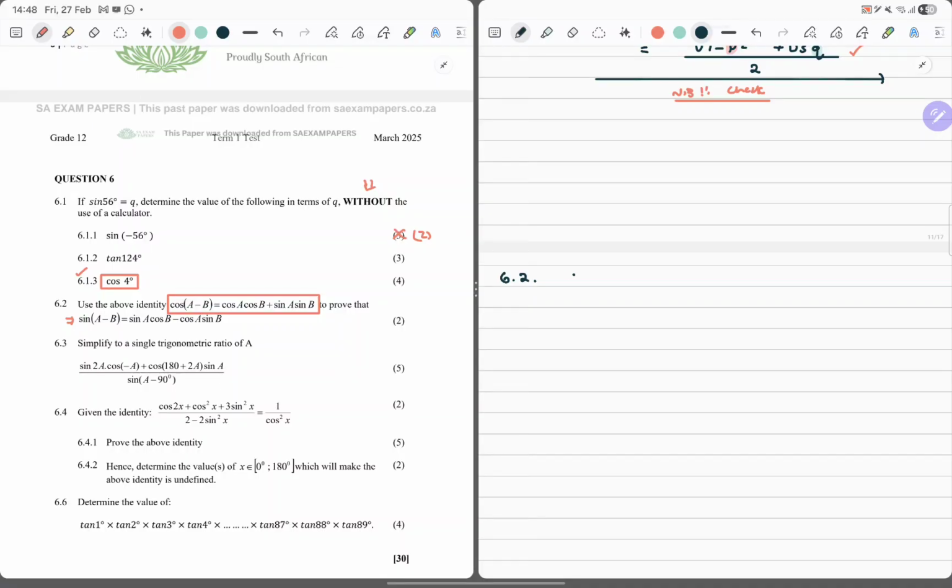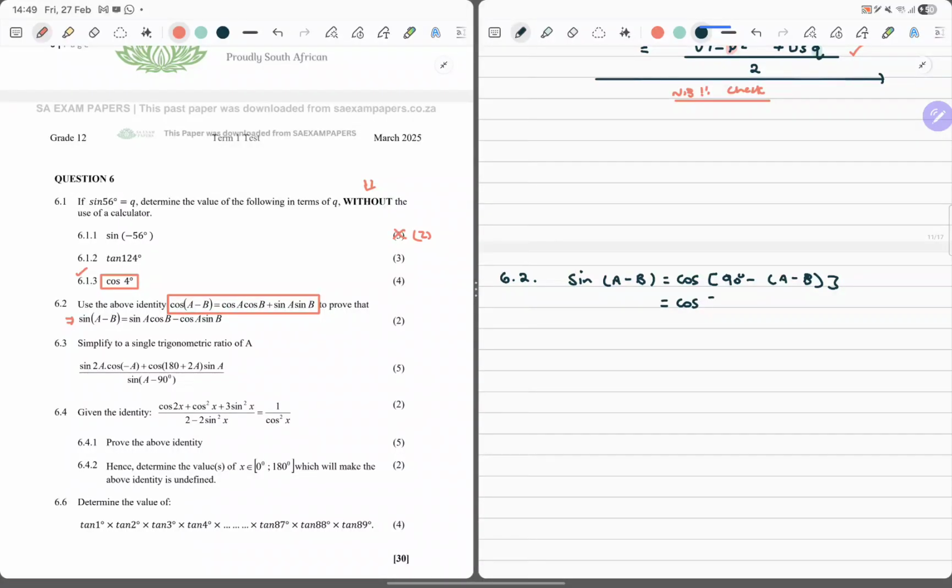Right, so our task is to deal with sine of angle A minus angle B. So what is this equal to? Now we need this to look like cos, so we're going to use cofunctions. So this is cos of 90 degrees minus the difference of those two. So it's as simple as that.